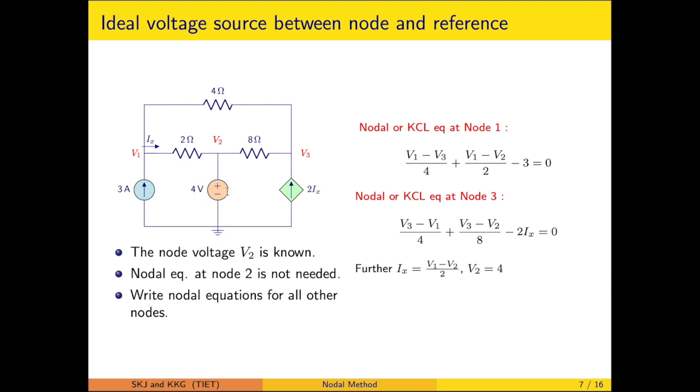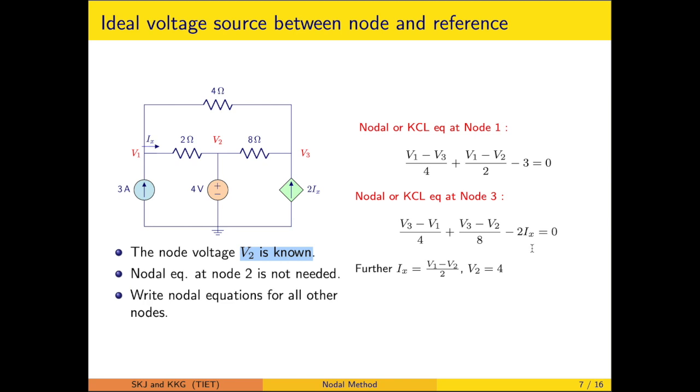As the intention of nodal analysis is to find the unknown node voltages with respect to the reference, when this voltage is already known, there is no need to write the nodal equation for this node, where there is a voltage source directly between the node and the reference. So the point is clear: V2 is known, there is no need to write the equation. So we will be dealing with a reduced number of equations.